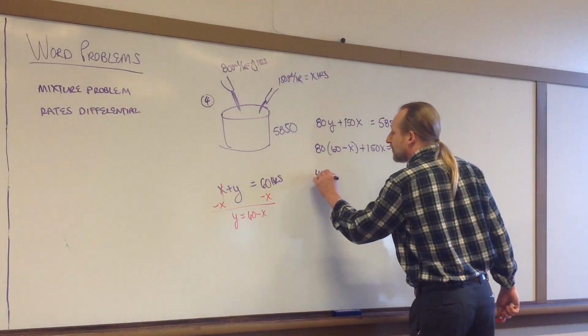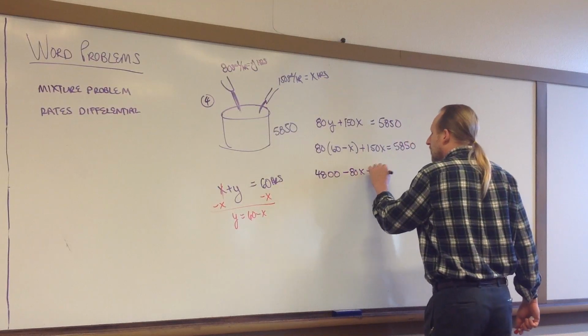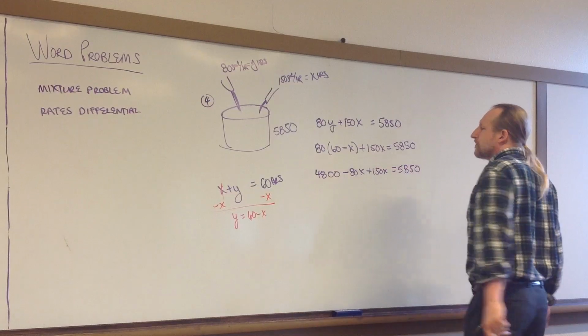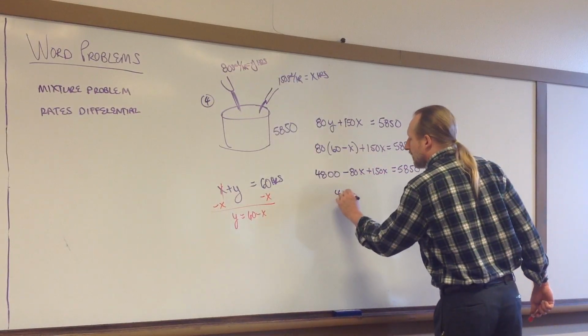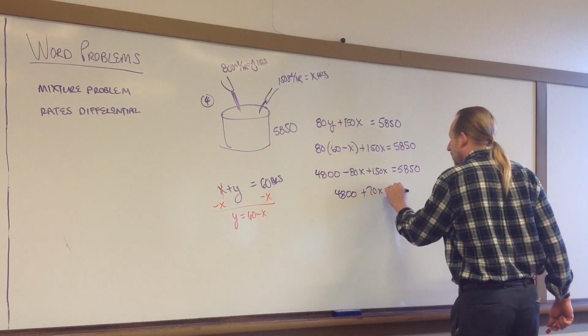Let's see, so that'll be 4,800 minus 80x plus 150x equals 5,850. These two together are going to make positive 70x.